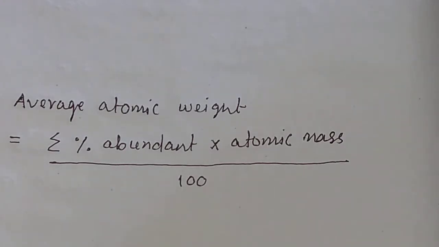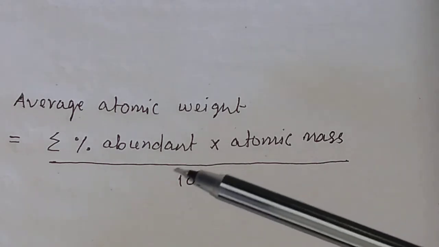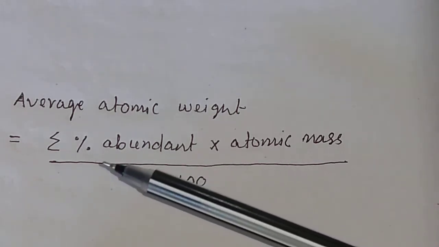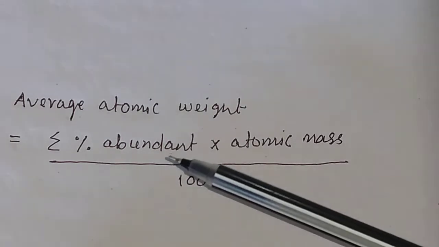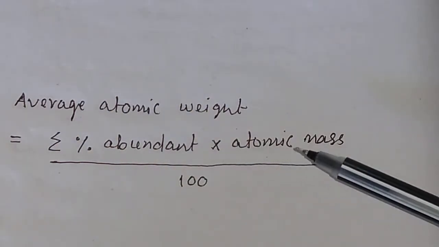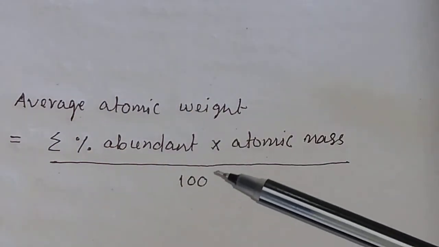So mathematically, how can you calculate the average nuclear mass or average atomic mass or average atomic weight? Average atomic weight is equal to the sum over percentage abundance into atomic mass, divided by 100.